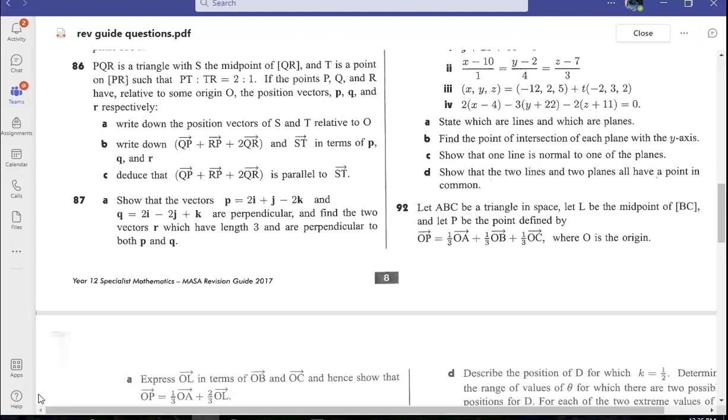Find two vectors R which have length 3 and are perpendicular to both P and Q. So wait for my question. How do you find a vector that is perpendicular to both P and Q? Bobby, you were quick. Cross product. And how do you find the cross product?